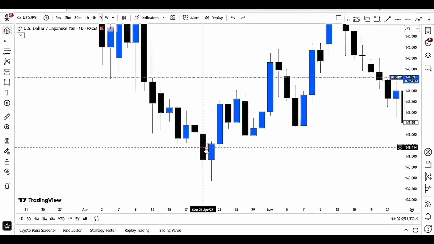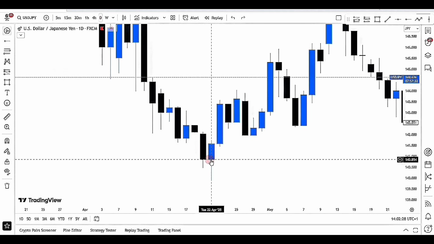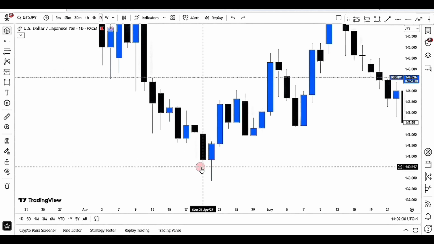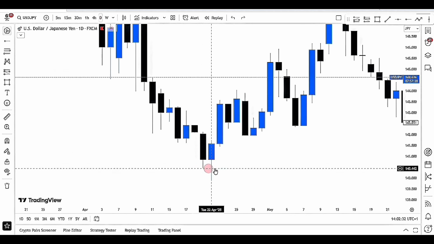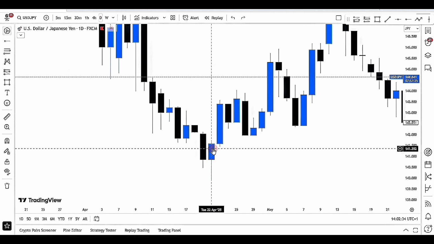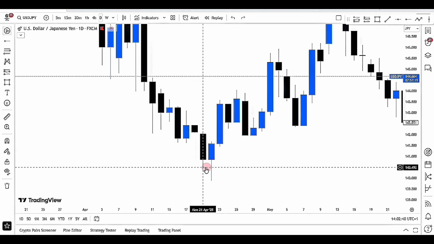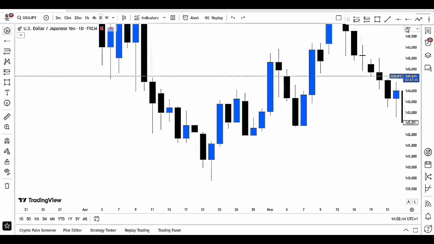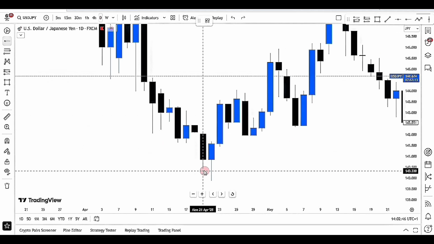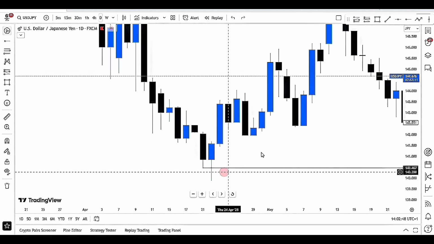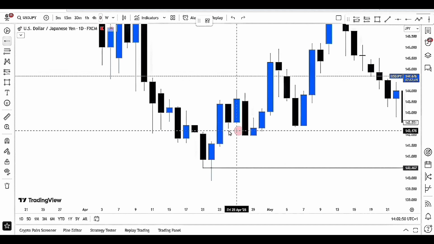Basically what I'm expecting the next candlestick to do is to open and take out this candle range low, then come back inside of the range and close as a bullish candle. At this point, this level becomes my candle range low. So what I want to do is to mark out the candle range low and the candle range high.